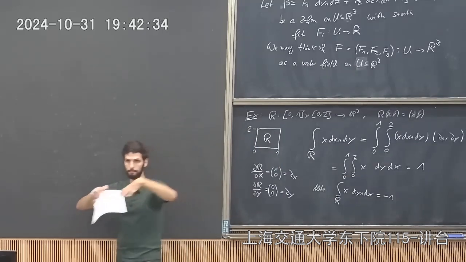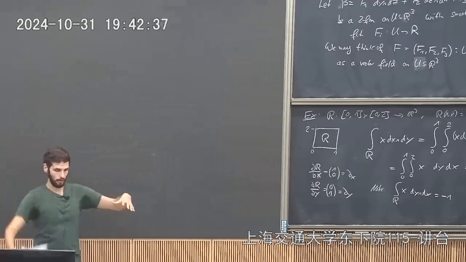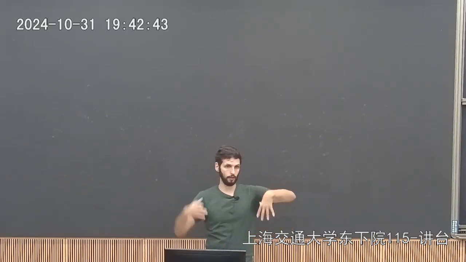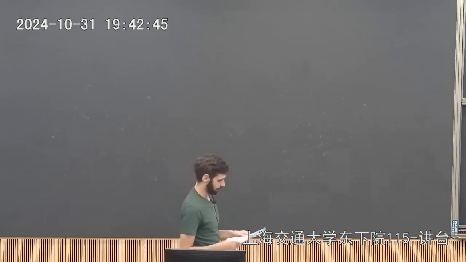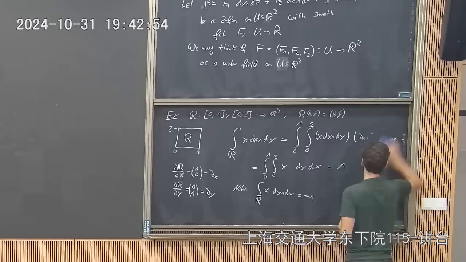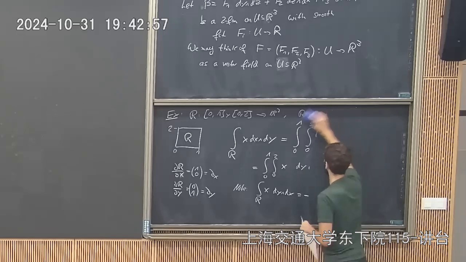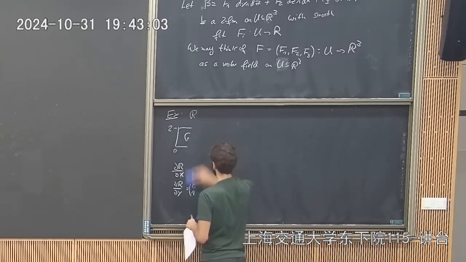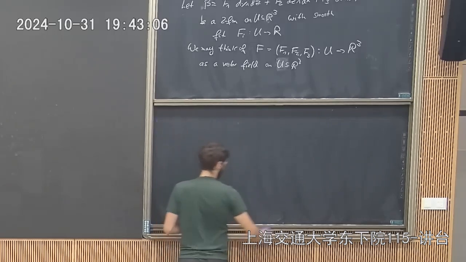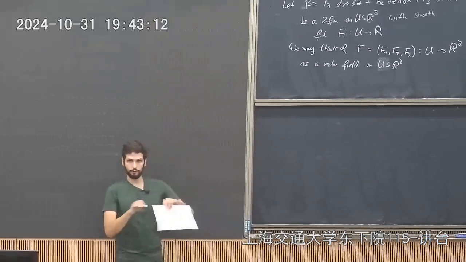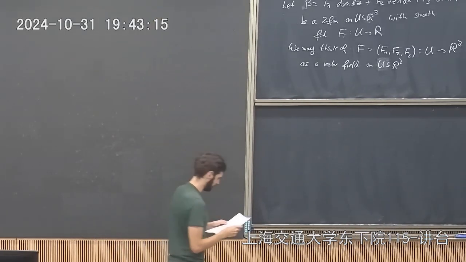So we have some part of our space, and at every point we have a vector, and that vector field might change. So we have some changing vector field in R3. We might restrict that vector field to some surface in R3, but for the moment that's not so important.